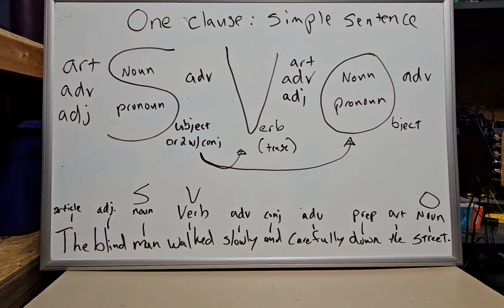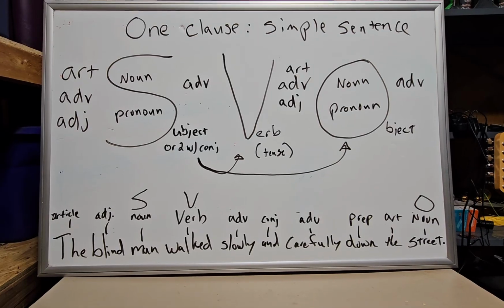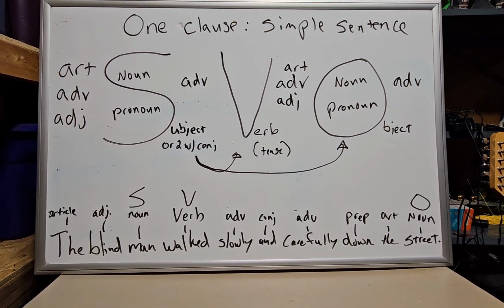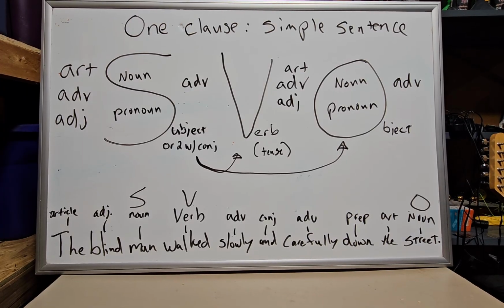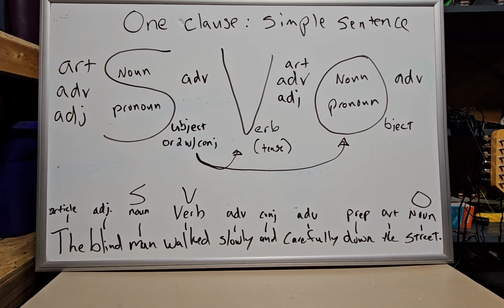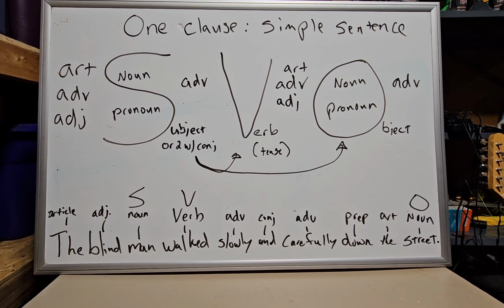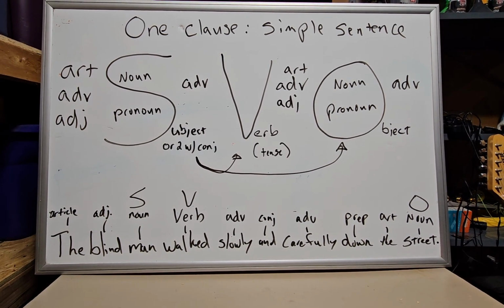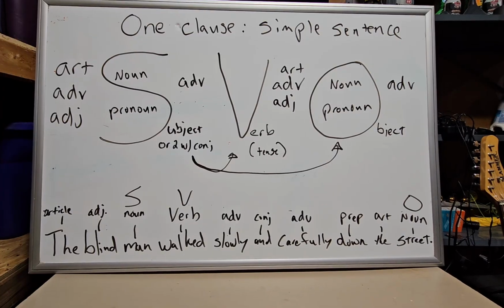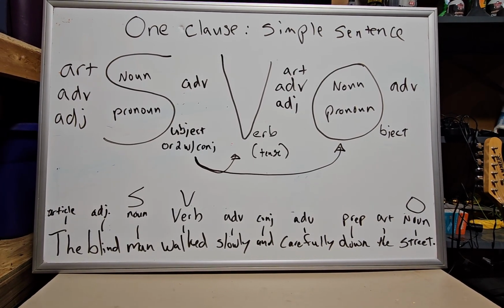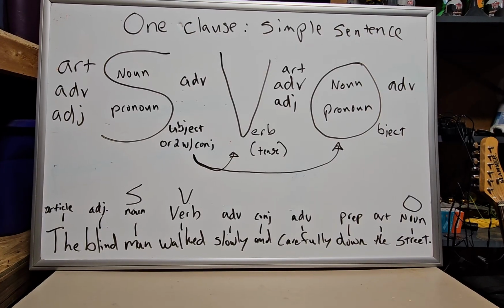Now, continue looking down at the bottom of the board, and we have every word labeled. The is an article, blind is an adjective, man is a noun. We see S over man because it is the subject of the clause, of the sentence.